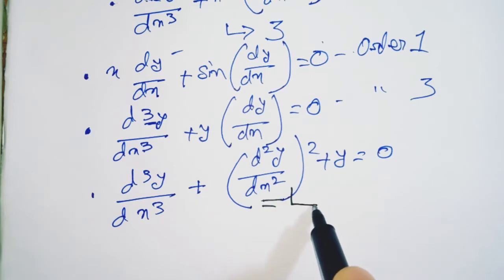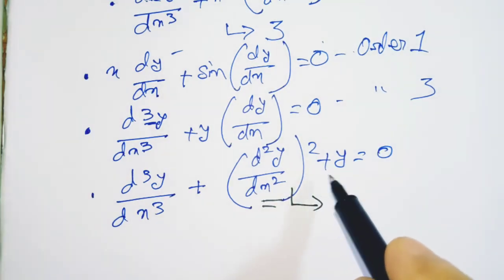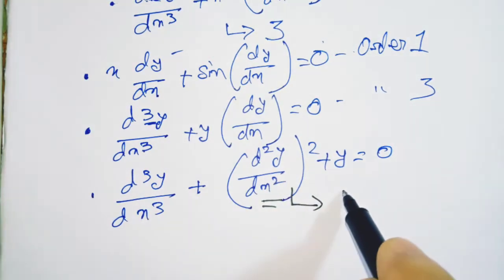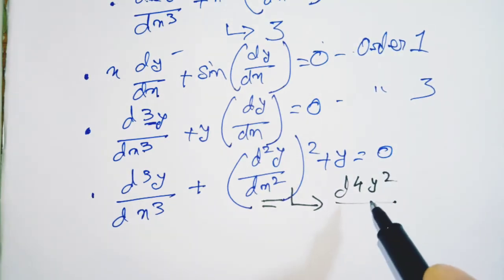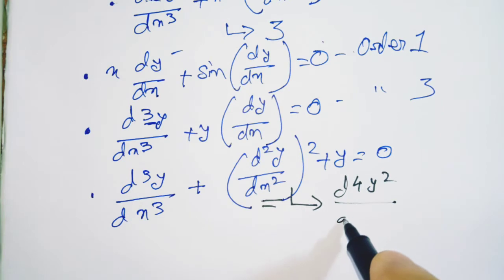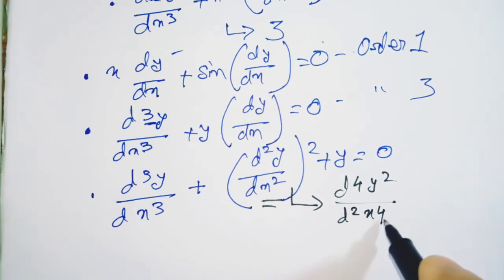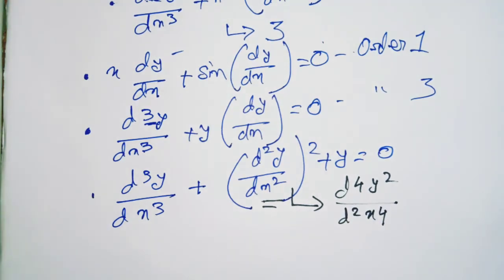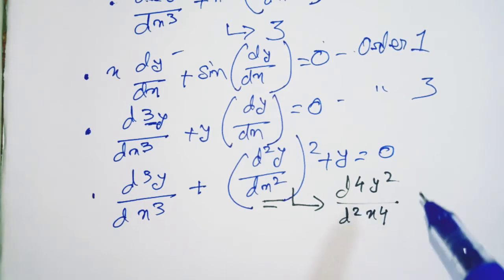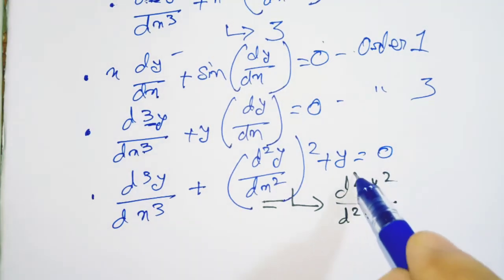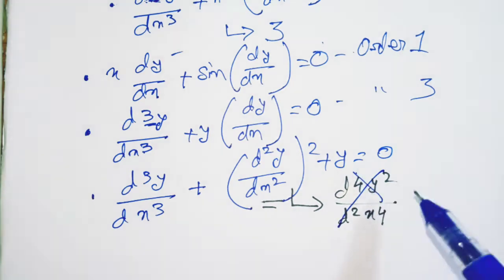If I want to solve it algebraically, I can write d⁴y²/dx⁴. Then I get the highest derivative as d⁴, and if you say that your order is 4, it is going to be wrong. This is not the way in which you should do it.